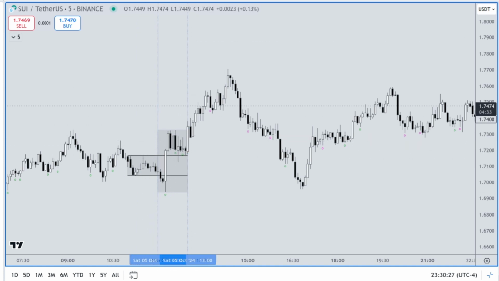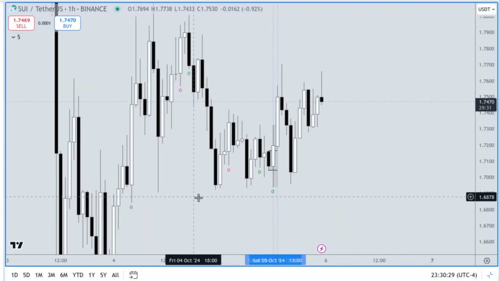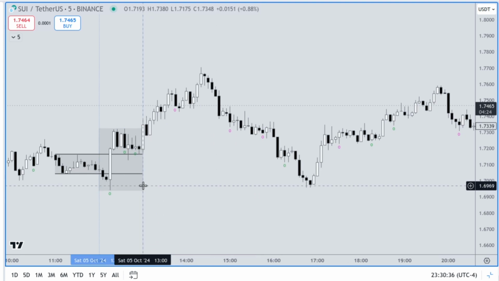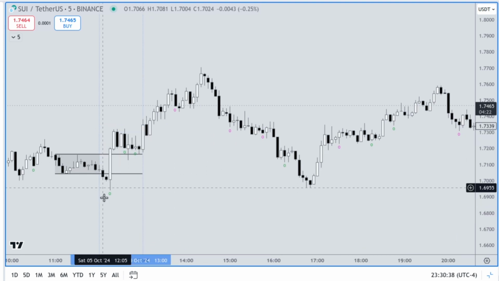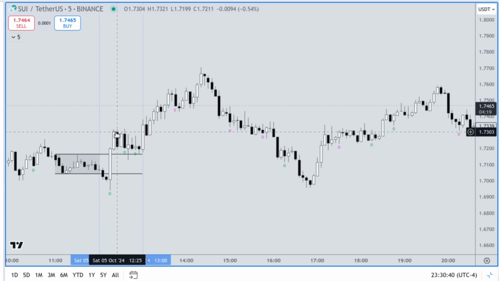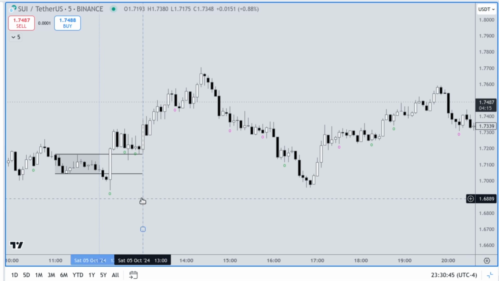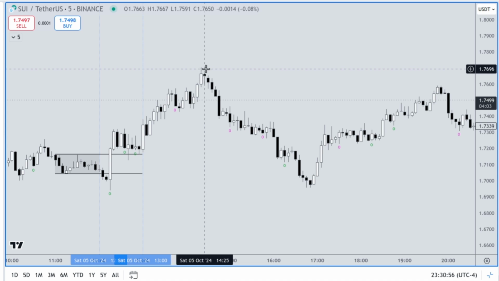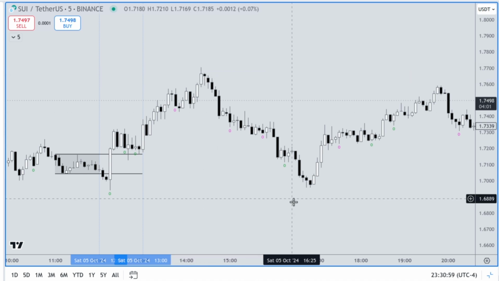As we saw on the 1 hour chart right here. Well, if we look at this expansion, this outside bar, when did it end? Well, if we look at it as if it were candles, at 1 p.m. it stopped, right? Wrong. The expansion was present till here. It's this swing high right here.